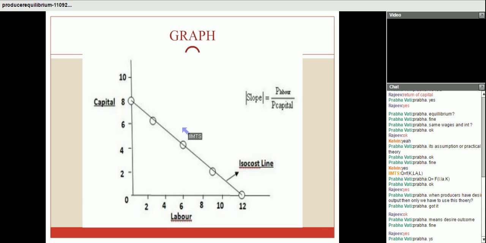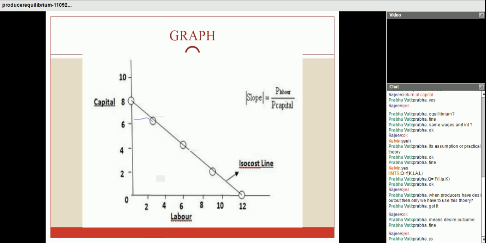So this is an isocost line. You can see 8 units of capital, 0 units of labor; 6 units of capital, 3 units of labor; 4 units of capital, 6 units of labor; 2 units of capital, 9 units of labor; 0 units of capital, 12 units of labor. So the total is 12. Just look at this point.